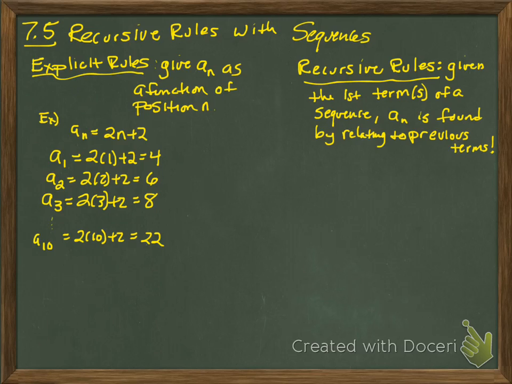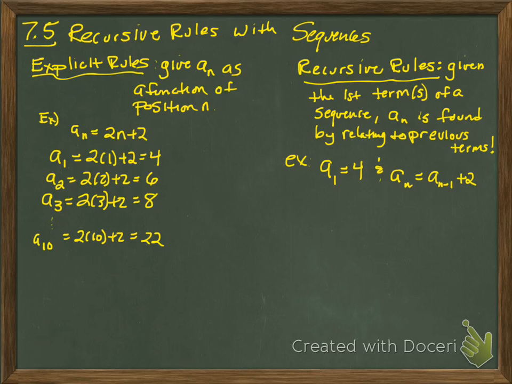So for example, let's say I defined a recursive rule as follows. Let's say my first term, a sub 1, is 4, and my rule is a sub n equals a sub n minus 1 plus 2.